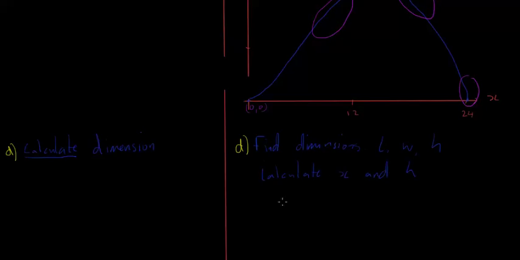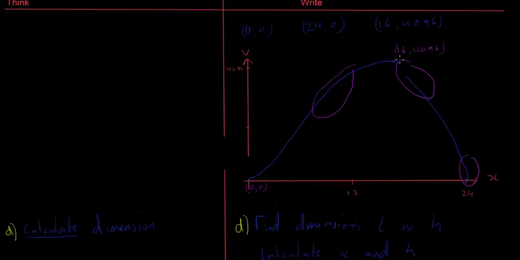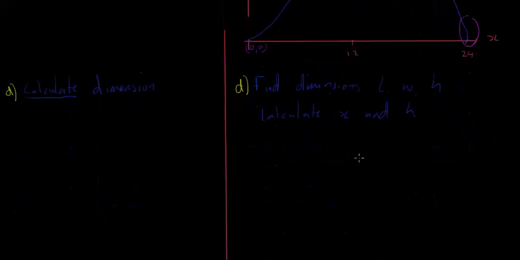I don't need to do any calculations for x, because what I can do is read off that the maximum volume is going to occur when the volume is 4096. When the volume is 4096, the x value is going to be 16. So I can say straight up that x will be equal to 16.